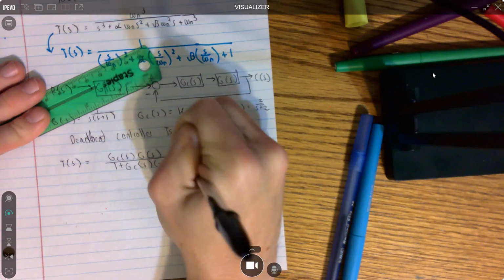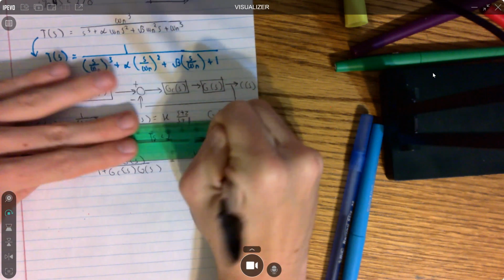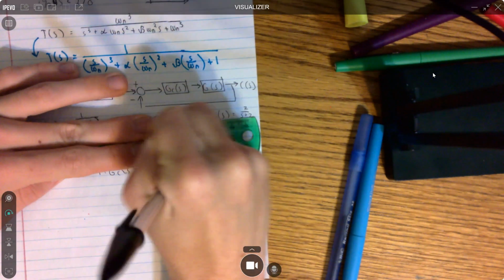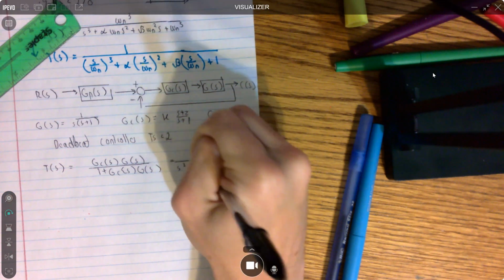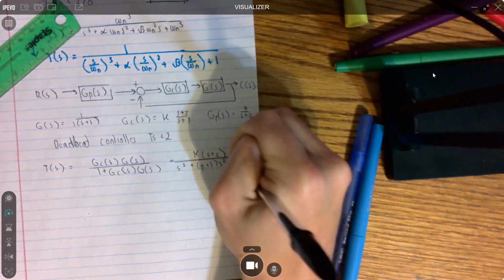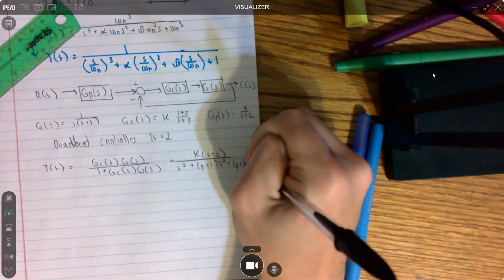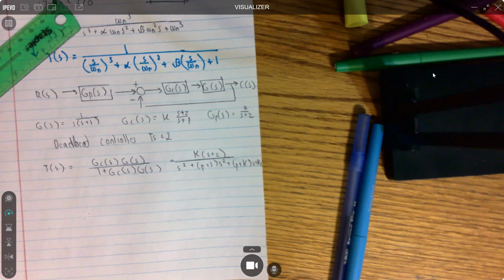What you're going to get is K times s plus z, all over s cubed plus p plus 1 s squared plus p plus K s plus Kz. Okay, so that's our transfer function within here.